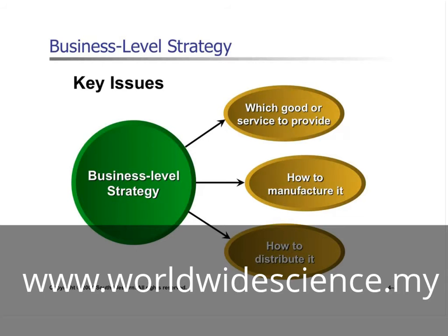to produce it. Or a hospital, let's say. So a hospital, you're providing healthcare for patients. So you need to exactly know what type of healthcare. Is it a general hospital, or are you specializing in a certain type of healthcare?